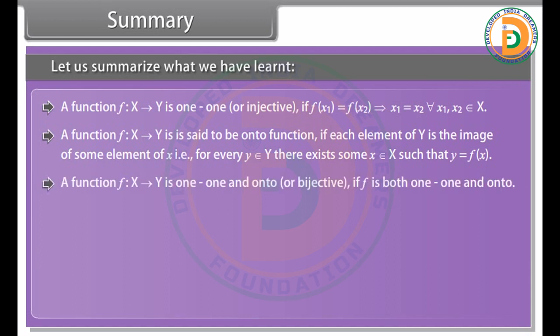A function f from X to Y is 1-1 and onto or bijective if f is both 1-1 and onto.